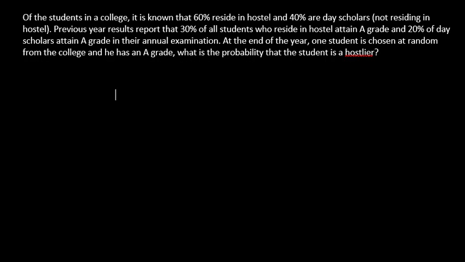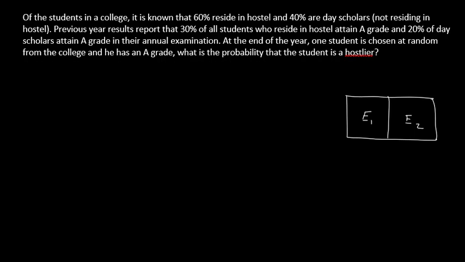So again, here our sample space is having two partitions. One is a hostelier student and the other is a non-hostelier student. So we have two events.